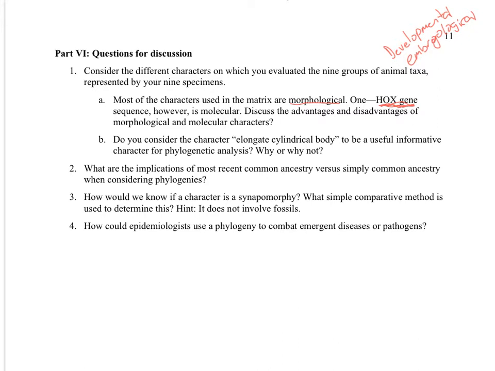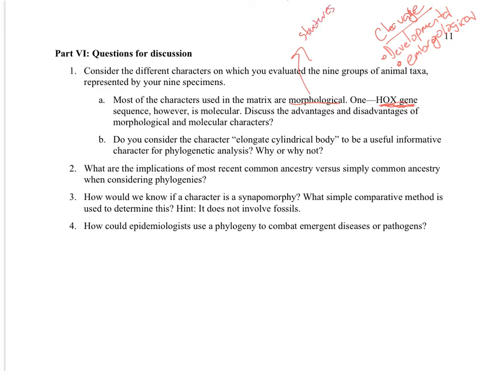So most of these are morphological. There was one example, the cleavage, that we would call developmental or embryological. And then there are things like exoskeleton, endoskeleton, bilateral symmetry, etc. Those were morphological or structural.